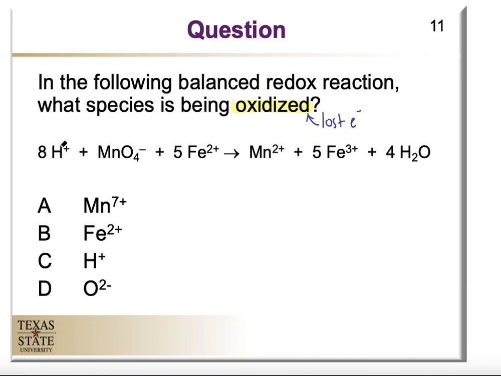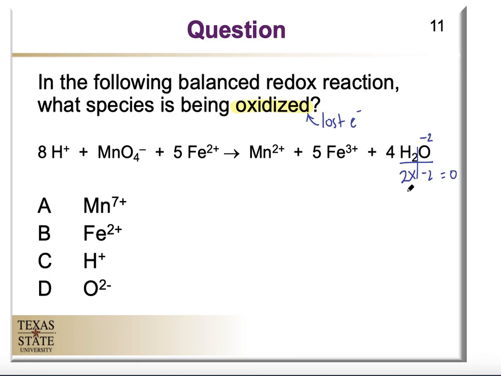For example, I can look at my hydrogen here, and since it is a monoatomic cation, that means that its oxidation number is +1. And so then I can look at the other side, look for that hydrogen, and in this case, since the oxygen is a -2, and -2 plus 2x equal to 0, that means that these hydrogens are going to have to be +1.